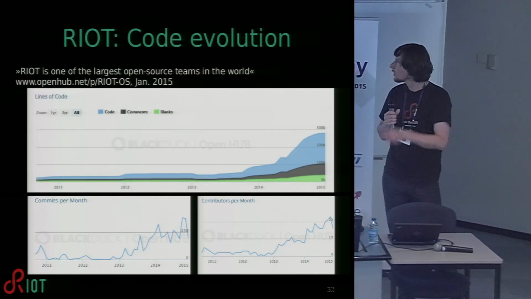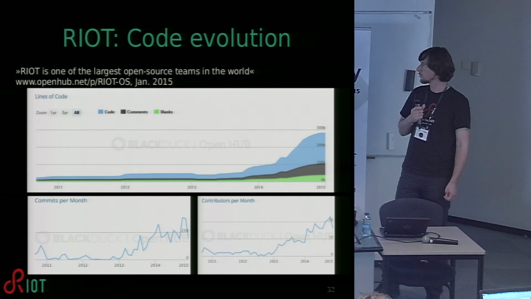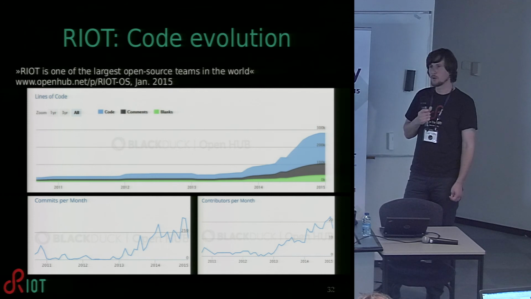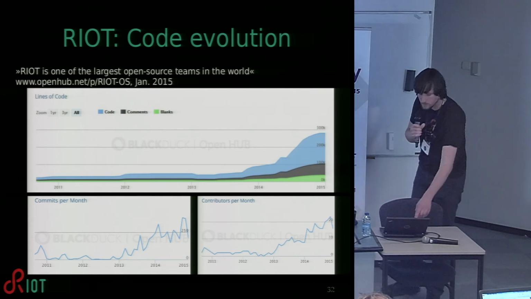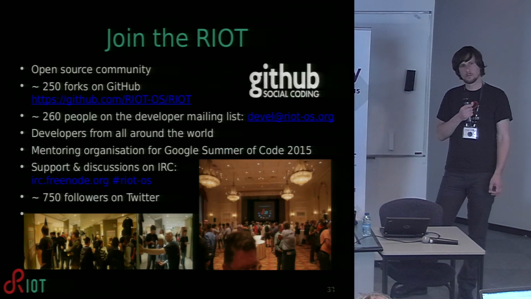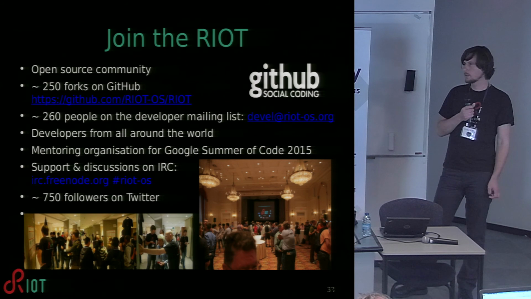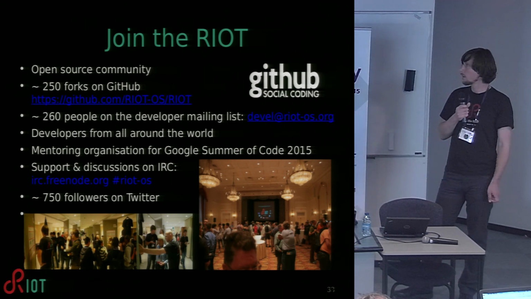The Open Hub statistics show that spreading the word helps, and the RIOT community is growing a lot. Currently there are approximately 250 forks on GitHub and 260 people on the developer mailing list, which is really active. They are located all around the world, and RIOT is also mentoring a Google Summer of Code project this year.